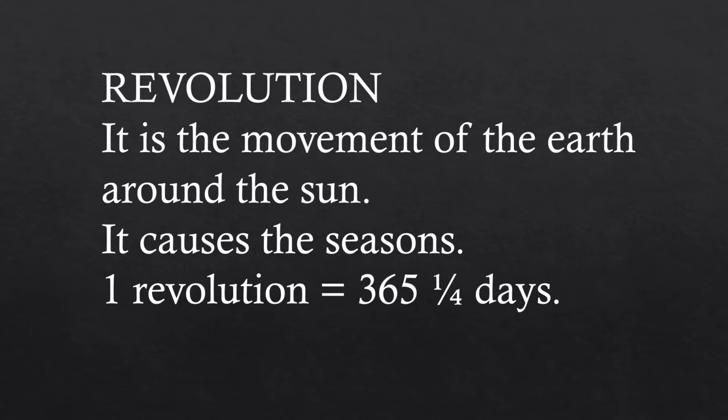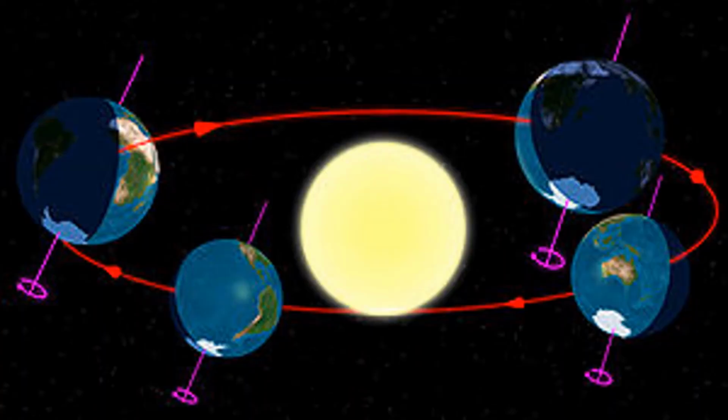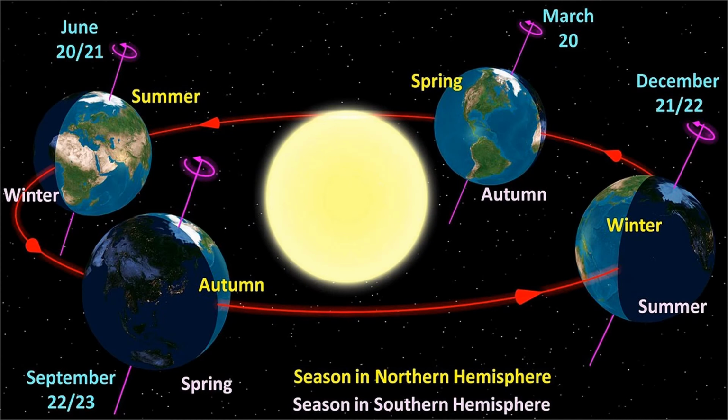The gravitational pull of the sun keeps Earth and the other planets in orbit around the star. Children, here in this diagram, you can see the movement of Earth around the sun. You can see that the Earth's tilted axis causes the seasons.